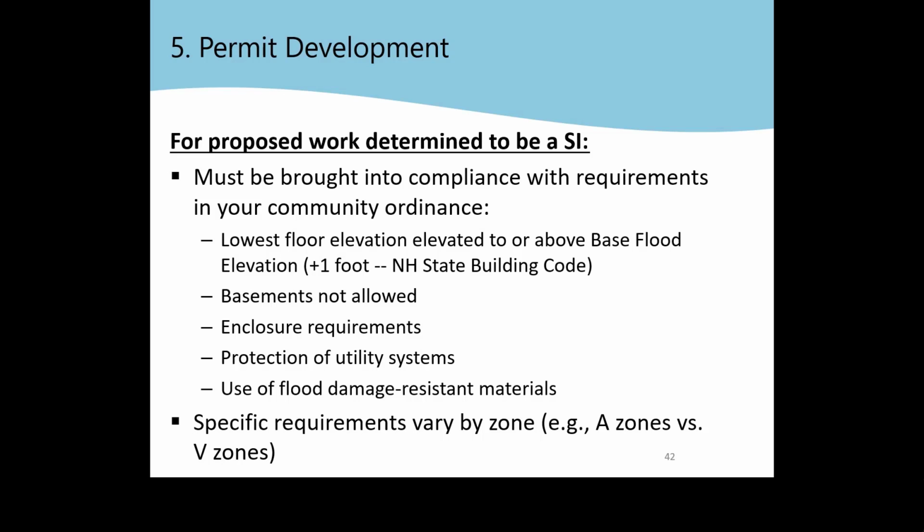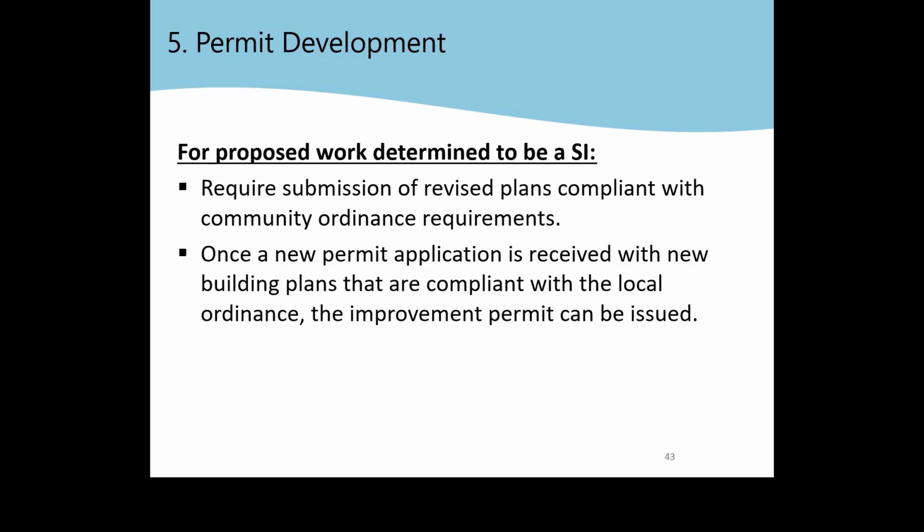So sometimes when property owners find out about what they need to do to bring it into compliance, that's when they kind of back off on some of their improvements. But again, that's where you want to just be clear with them that if whatever they're proposing or ultimately want to propose, they need to be considerate of that in making these determinations.